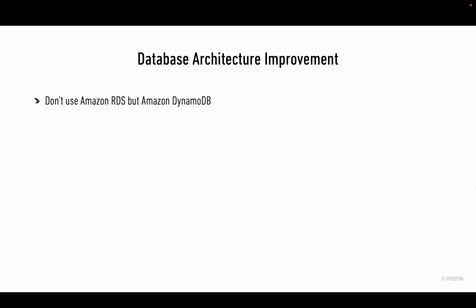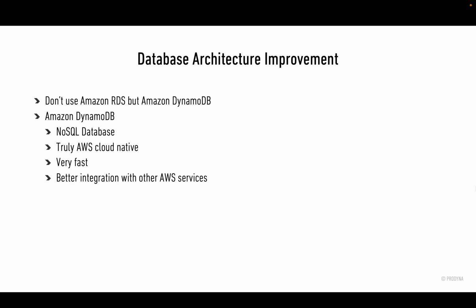But when you're a little bit more free, you could use something like Amazon DynamoDB. DynamoDB is a NoSQL database, and it's truly AWS cloud native, very fast, and has better integration with other AWS services.